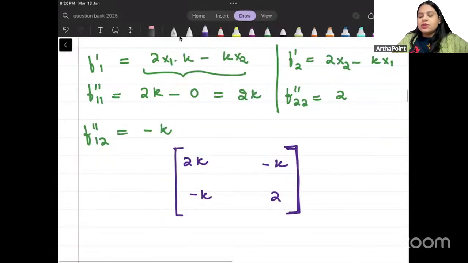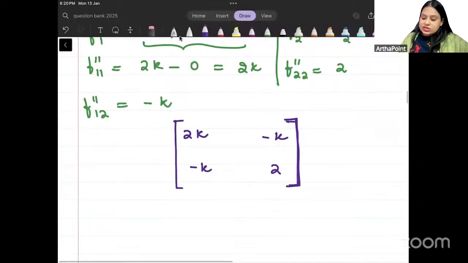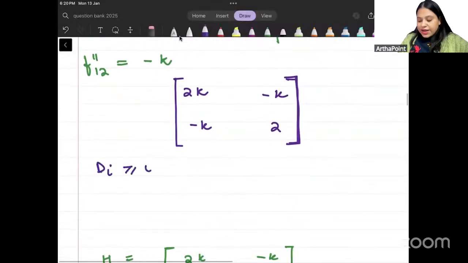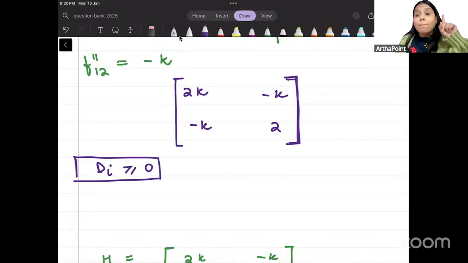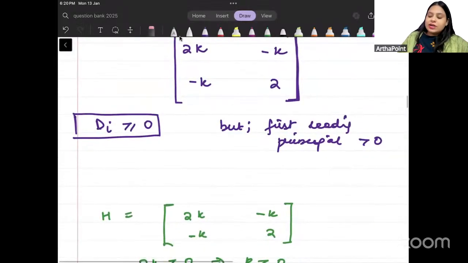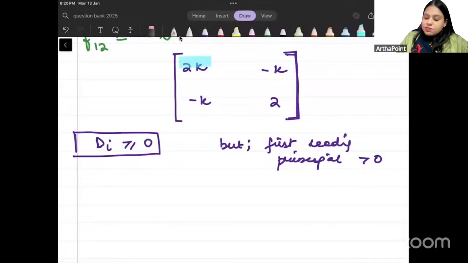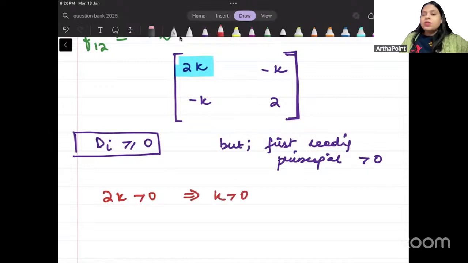Now, positive semi-definite says that I need my leading principal minors to be greater than or equal to 0, but my first leading principal minor, keep in mind, should be strictly greater than 0, which means I need this 2k to be strictly greater than 0. And I need this minus this to be greater than or equal to 0.